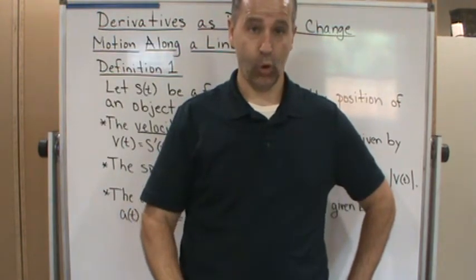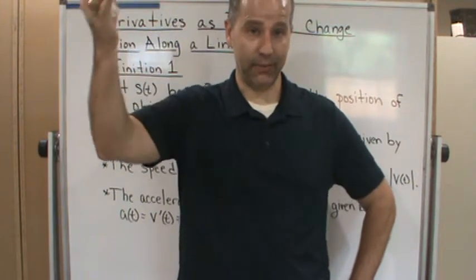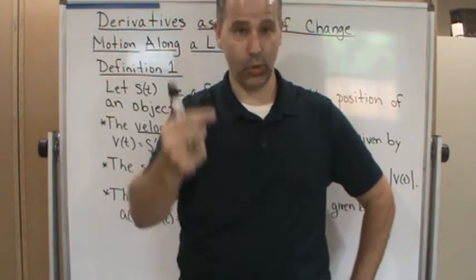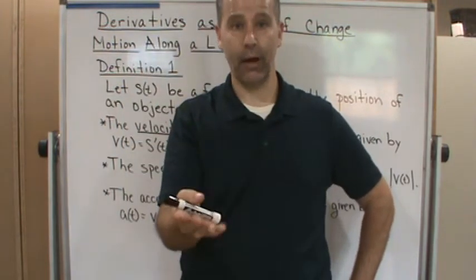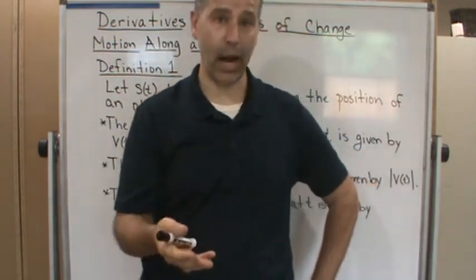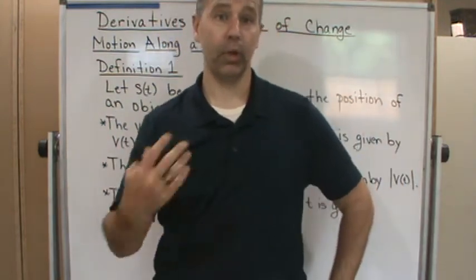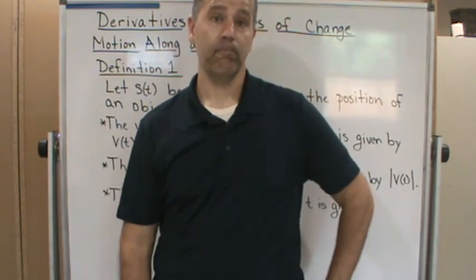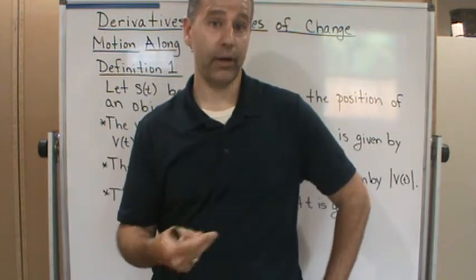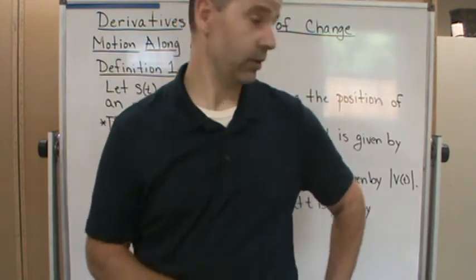Or if a rock is falling at a certain velocity and that velocity is negative, we would say the rock is going towards the earth versus away from the earth, okay? But if I say the speed of the rock is 320 meters per second, or the speed of the bullet is 500 feet per second, then what I'm talking about is just the speed with no directional component. That's the difference, okay?